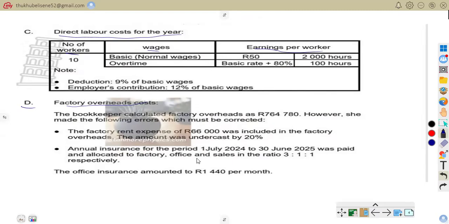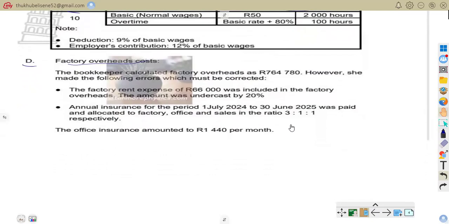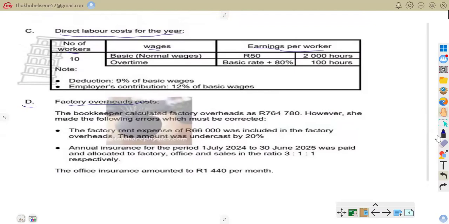So right now we are to calculate direct labor cost. The first step we're going to start with is to calculate the normal wages. As you can see, this is the basic normal wage. The rate that you're given is 50 rand per hour.